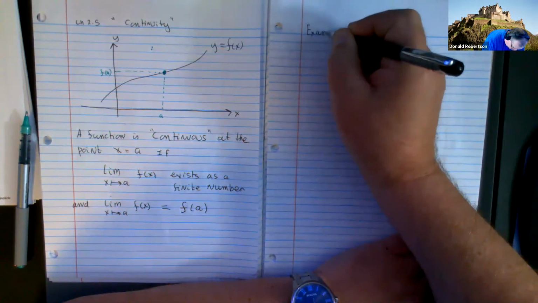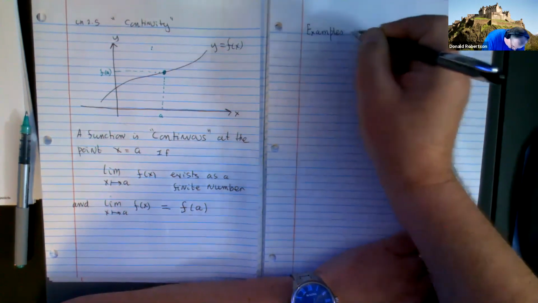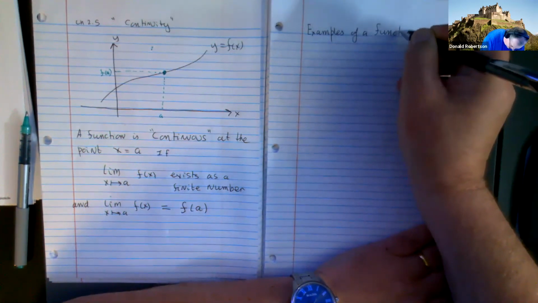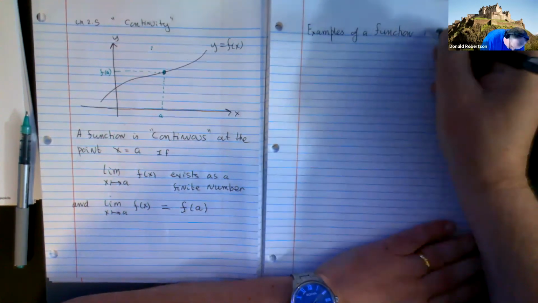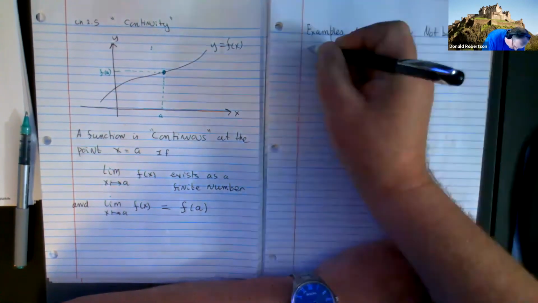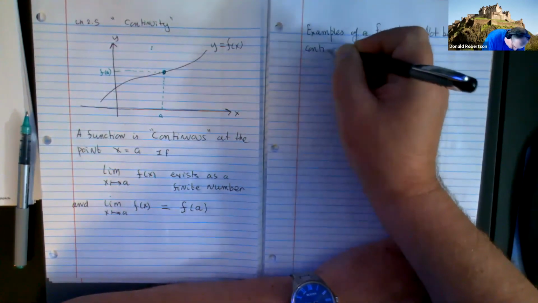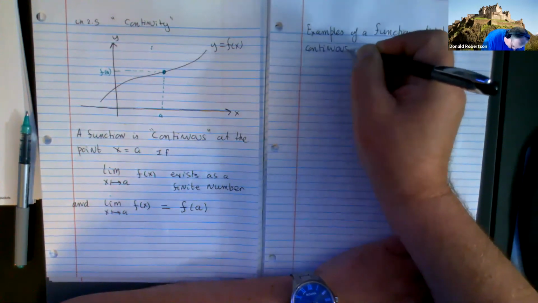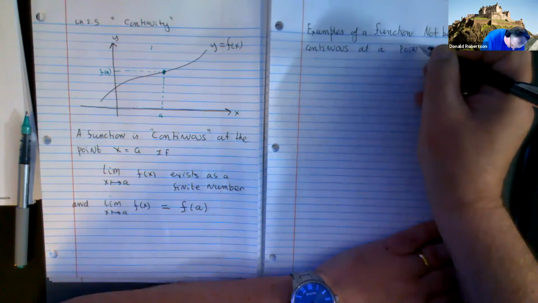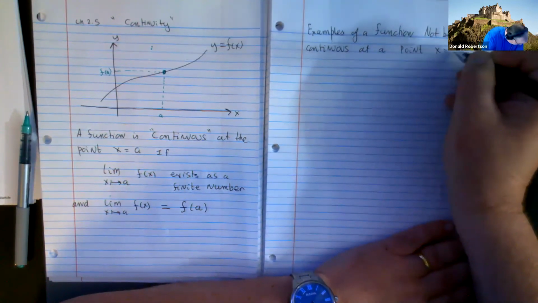Let's show you examples of a function not being continuous at a point x equals a. Now we have different phrases for that.